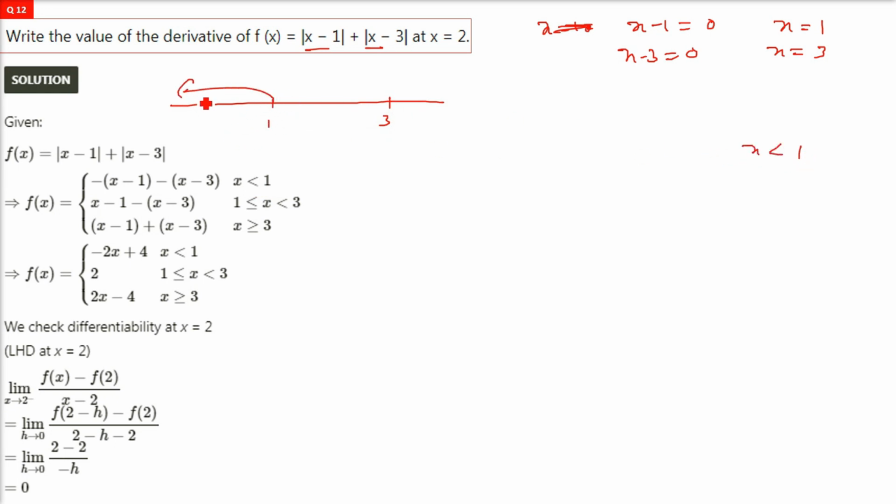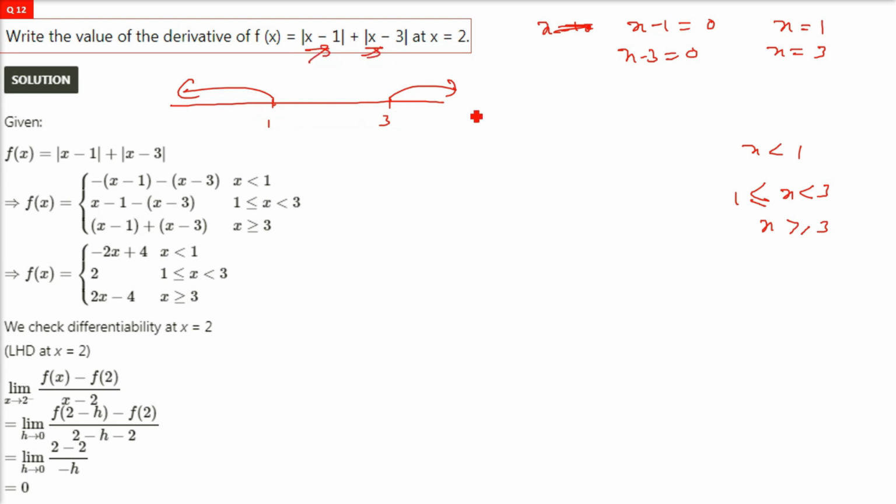So first interval is below 1, negative infinity to 1. Then we have 1 to 3. This is the second interval. And the third interval is from 3 to infinity. So x is less than 1, x is greater than 3, and between 1 and 3. There will be 3 intervals. On the left of 1, x minus 1 will be negative.